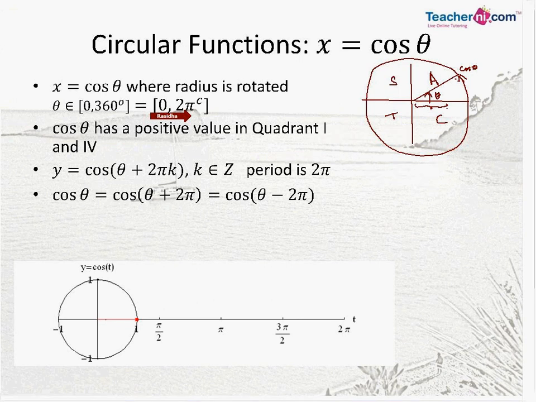So every time it rotates, it is equal to 2 pi radians, right? So for all multiples of 2 pi, theta plus 2 pi will have the same value. So cosine also has a period of 2 pi, where k is an integer. So cosine theta is the same as cosine of theta plus 2 pi, and cosine of theta minus 2 pi.